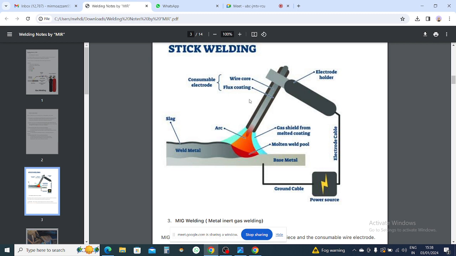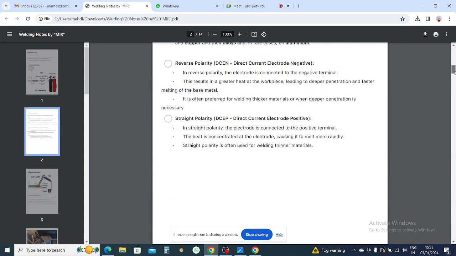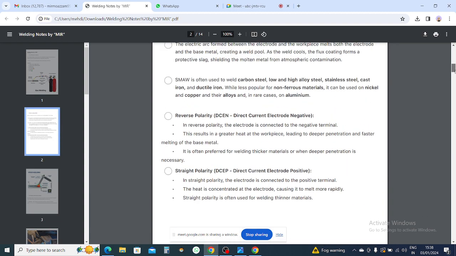Here we can see that the interviewer may ask the types of polarity. There are two types of polarity: straight polarity and reverse polarity. We use DC current. What is reverse polarity?